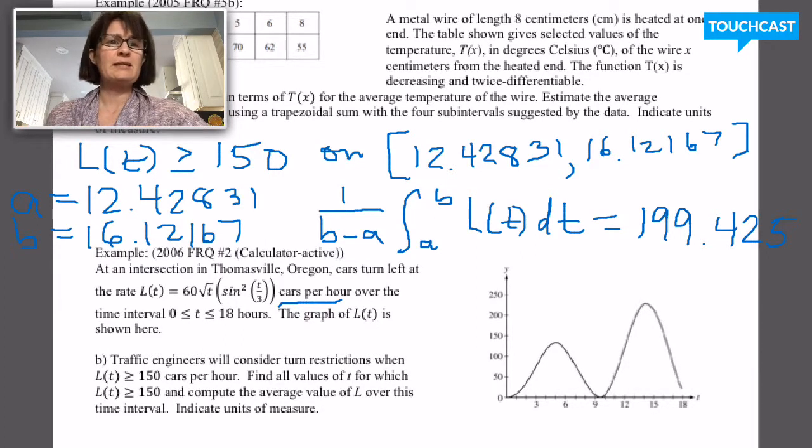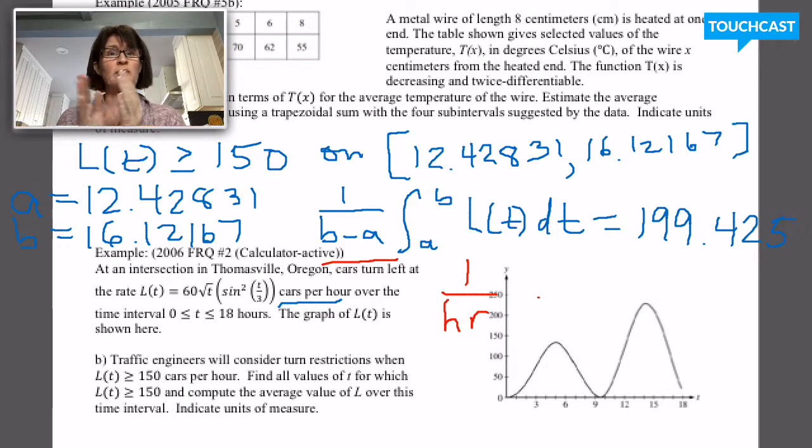This 1 over b minus a part, I'll underline that in red. B and A are time values. So this 12.42831 and 16.12167, they're time values. So this is going to have units of 1 over time, and time in this problem is measured in hours. So 1 over hours times, what's an integral? It's a multiplication problem with whatever L of t is and whatever a small change in t is, whatever those units are.